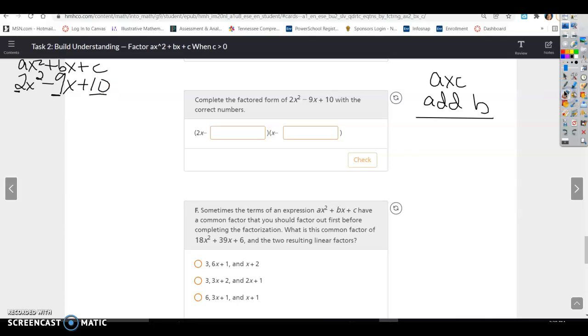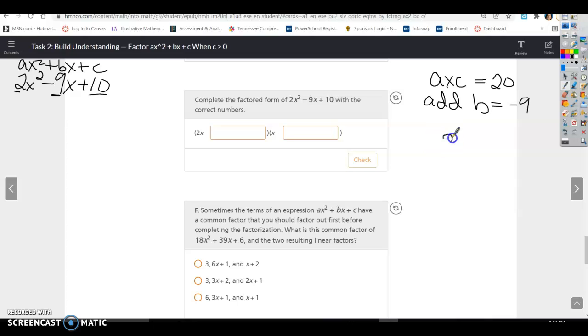So when I say I need to multiply a and c and add to get b, that's my requirement to get my factors here. So let's go ahead and start off. A times c, 2 times 10. So 2 times 10 has to equal 20. And add to get b, so I need to add to get negative 9.